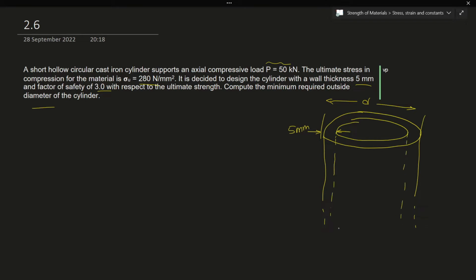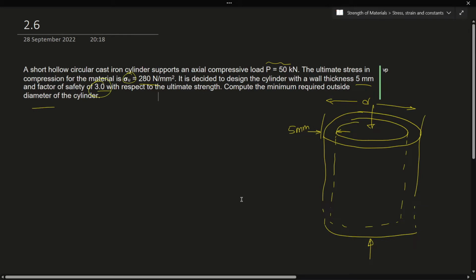Okay, so this is a column that we are going to have. Right, so this is under compression. All right, so with all of this input, we are going to have the ultimate strength and the factor of safety.